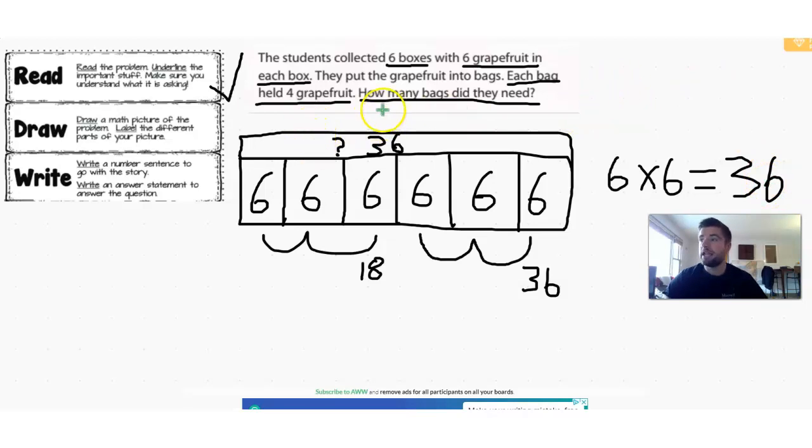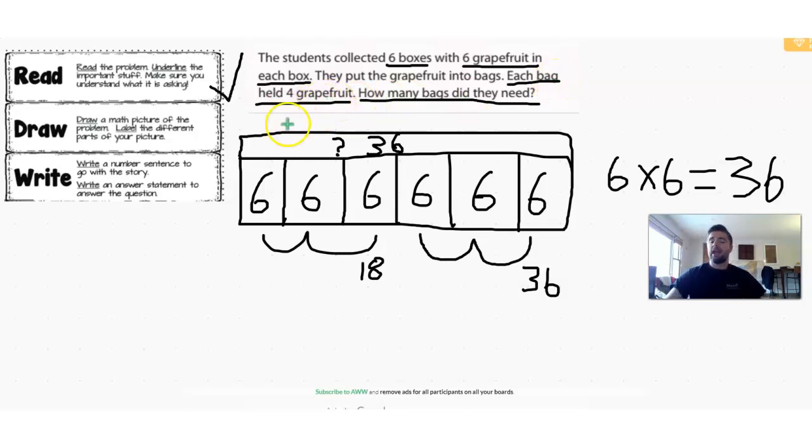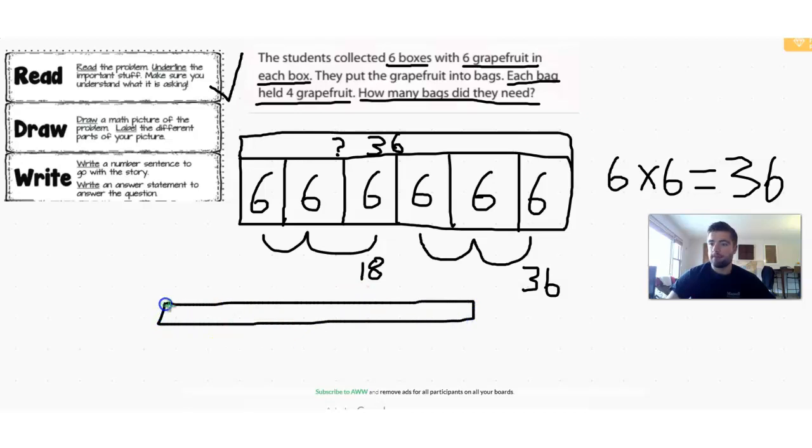Now we're not done yet, because the question is how many bags did they need, not how many grapefruits they started with. So now each bag that they divided the grapefruits into has 4 grapefruits. So we're kind of going backwards, and we're separating these 36 grapefruits into 4 grapefruits in each bag. So we'll start again with a tape diagram here. 36 altogether.